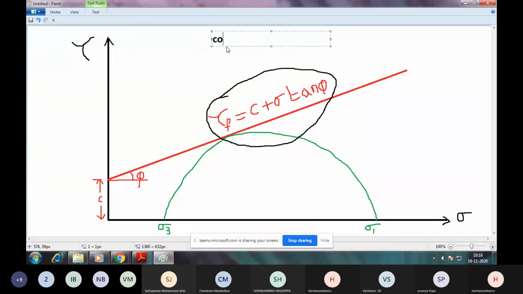When I say cohesionless, it means sand. An example of cohesionless soil is sand.